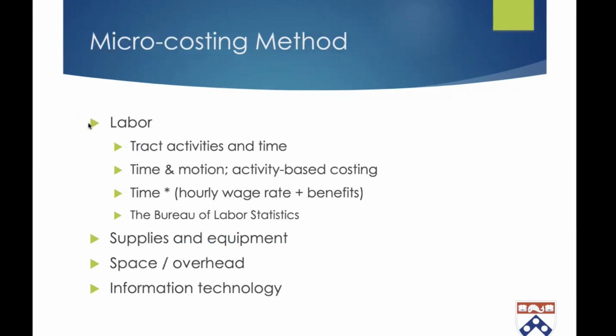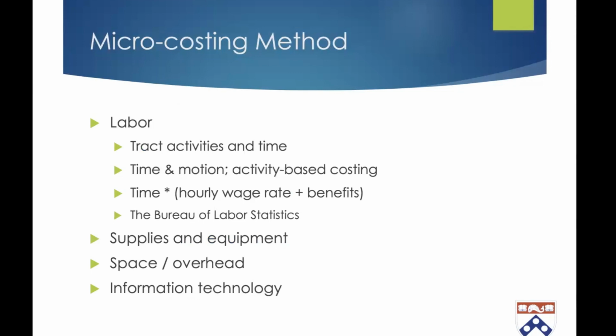If you hired one person and that person is identified, great, you can get their full salary. But often you have to track activities and time, how much time the different people are spending on your intervention. We can do time and motion studies, activity-based costing, but you figure out their time. Then you get hourly wage rates plus fringe benefits, and just multiply that out.